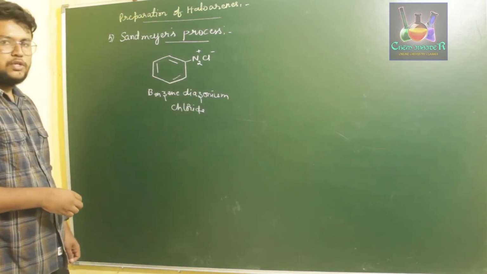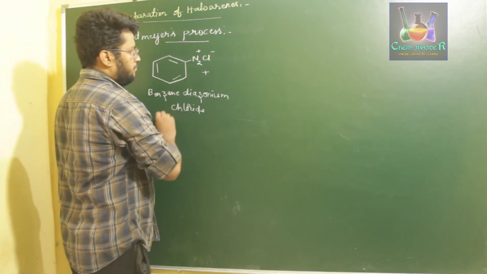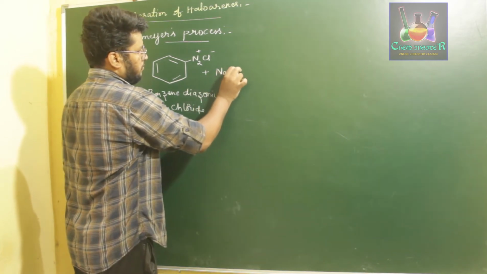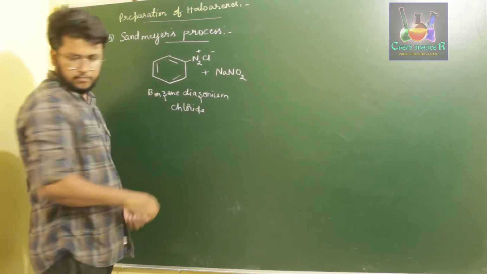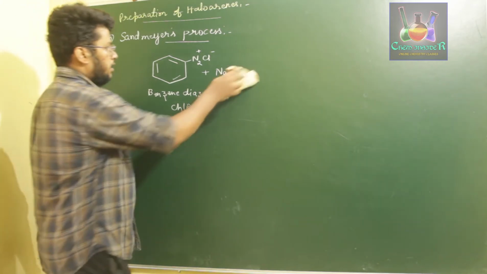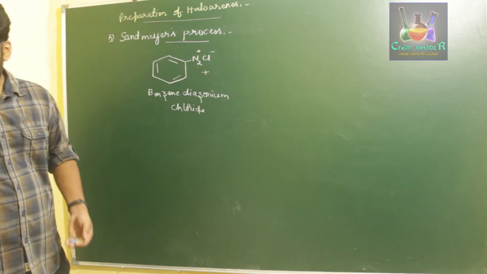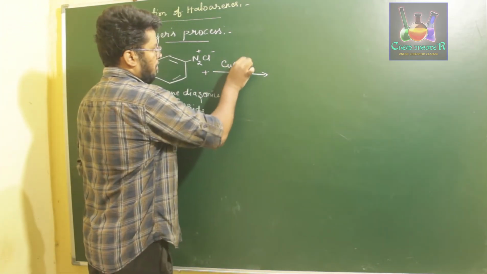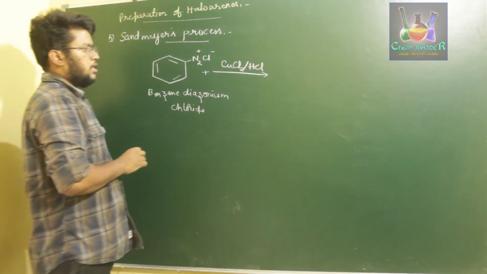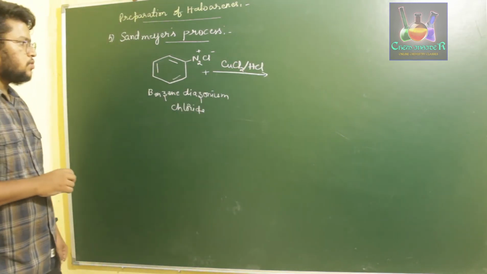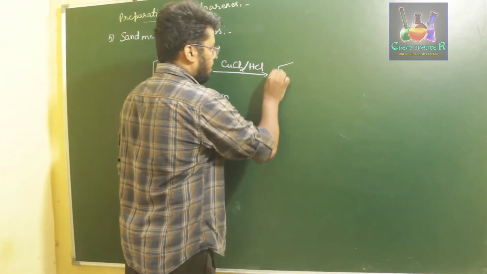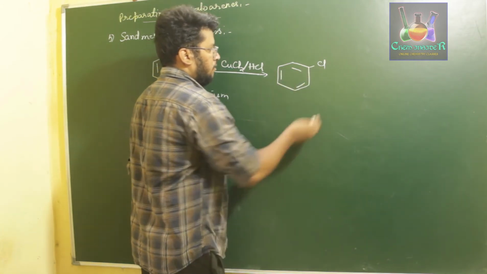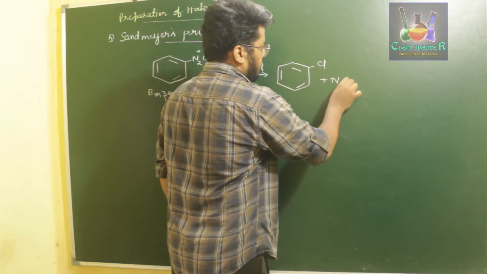When benzene diazonium chloride is treated with copper chloride, CuCl2, in the presence of HCl, it forms haloarenes, that is chlorobenzene, with the liberation of nitrogen gas.